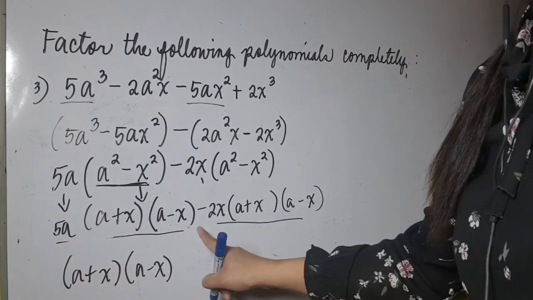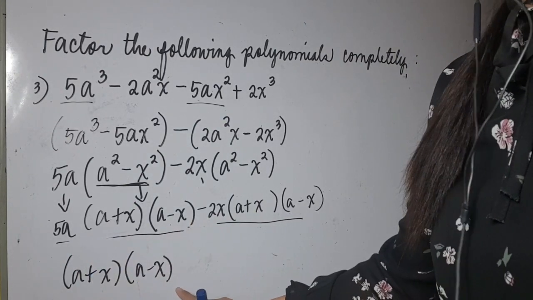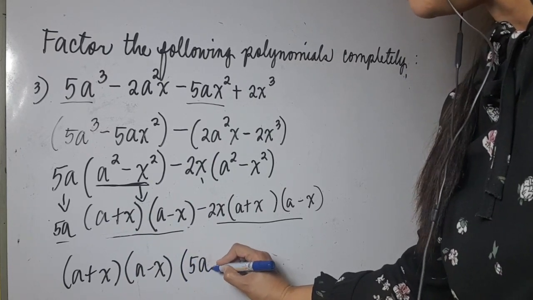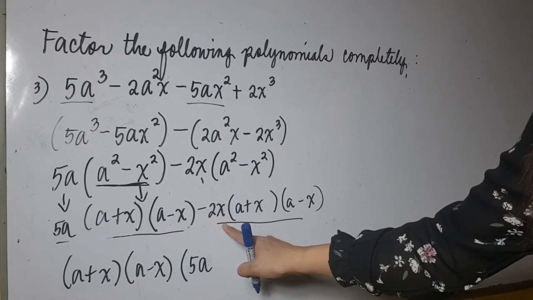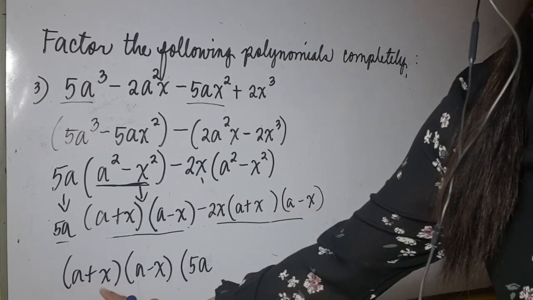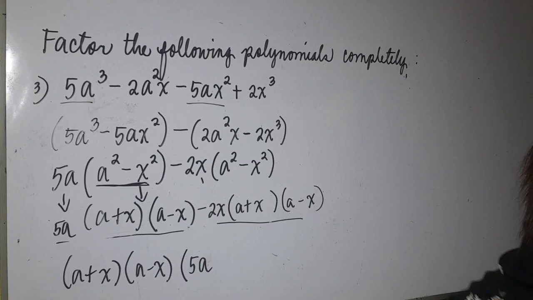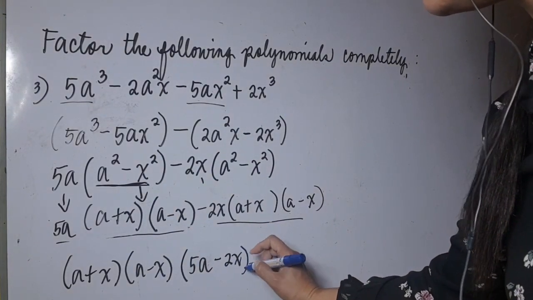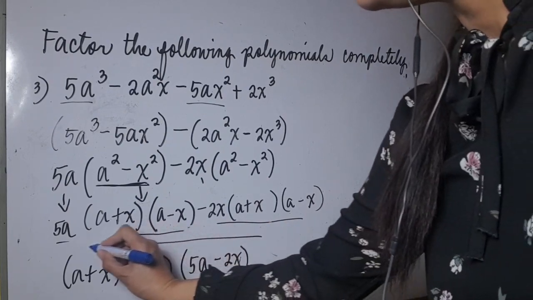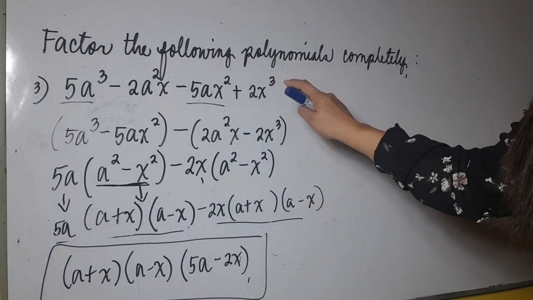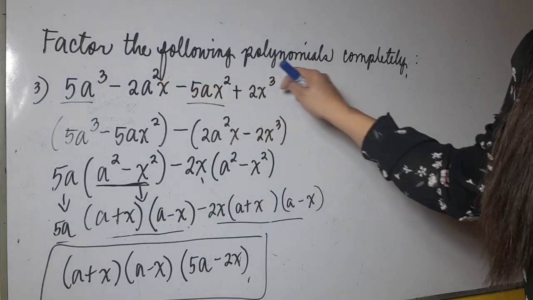Then we divide the first term by the common factor for you to get 5a. Okay, minus 2x, a plus x, a minus x, divided by a plus x, a minus x. So we have minus 2x. So these are the complete factors of this polynomial.